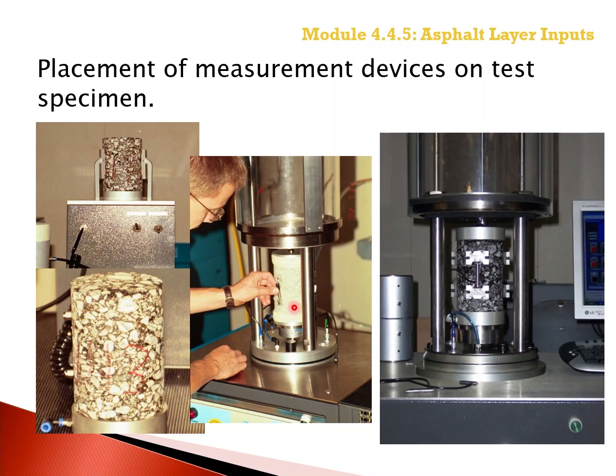For confinement, a membrane is placed over the test specimen and the LVDTs are attached to the specimen through the membrane and then sealed, as shown in the illustration in the center slide. The photo to the right is an unconfined uniaxial test specimen.